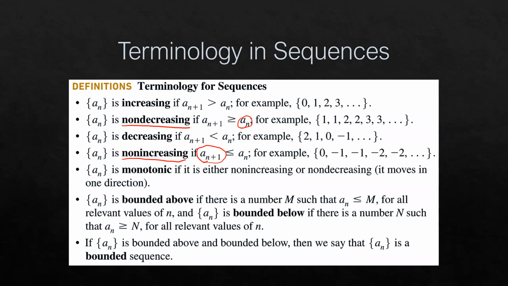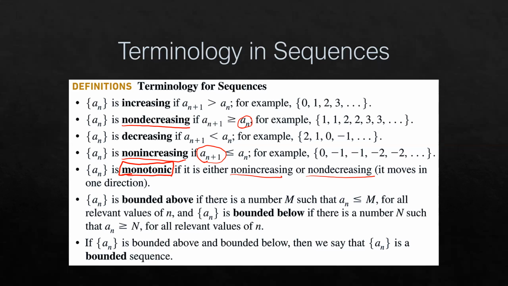So if a sequence is either non-increasing or non-decreasing, we call that a monotonic sequence. See how I always get these things confused because they behave the same way. Monotonic sequences are either non-increasing or non-decreasing, meaning it just moves in one direction, right?